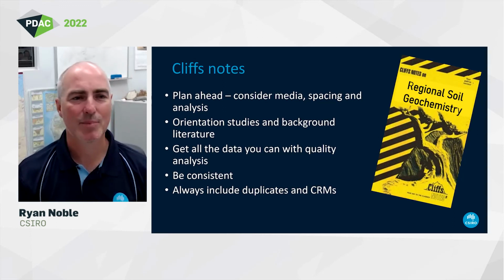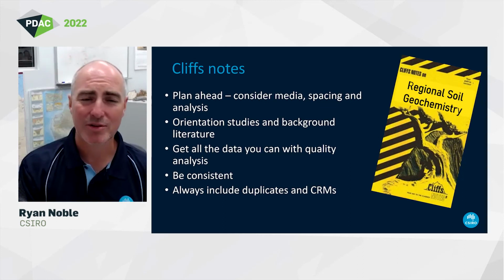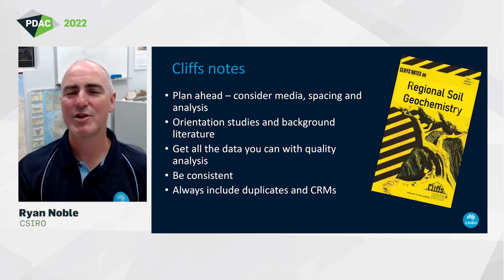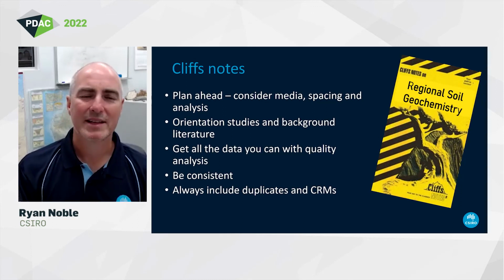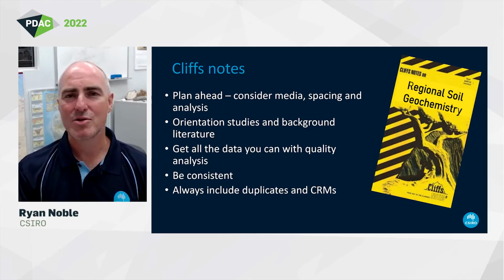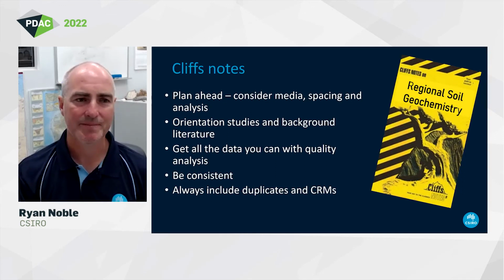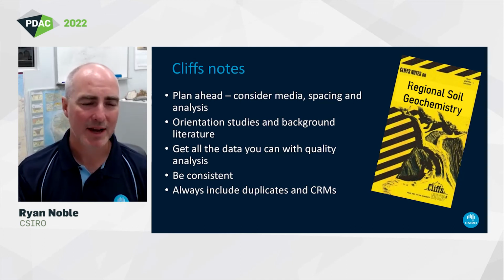Orientation studies are always important. And again, digging into the background literature and also the data, like that spatial data, before you get to the field, will greatly improve the ability to interpret your geochemical survey, but it will also greatly guide the way you set up and design your survey to get the best information. Be consistent, as always, with your sampling and your analytical approach.